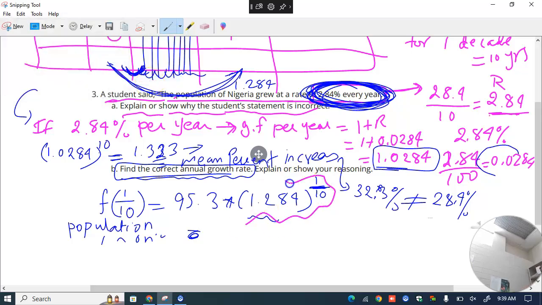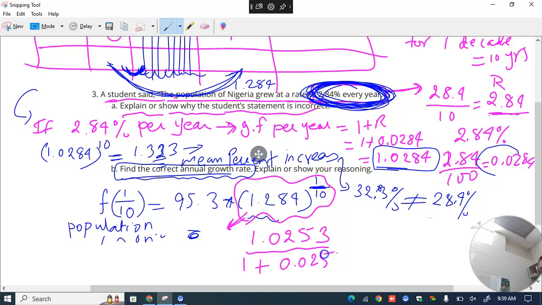So this is what the growth factor is. If you put this on the calculator, that is 1.0253. This means it is 1 plus 0.0253.